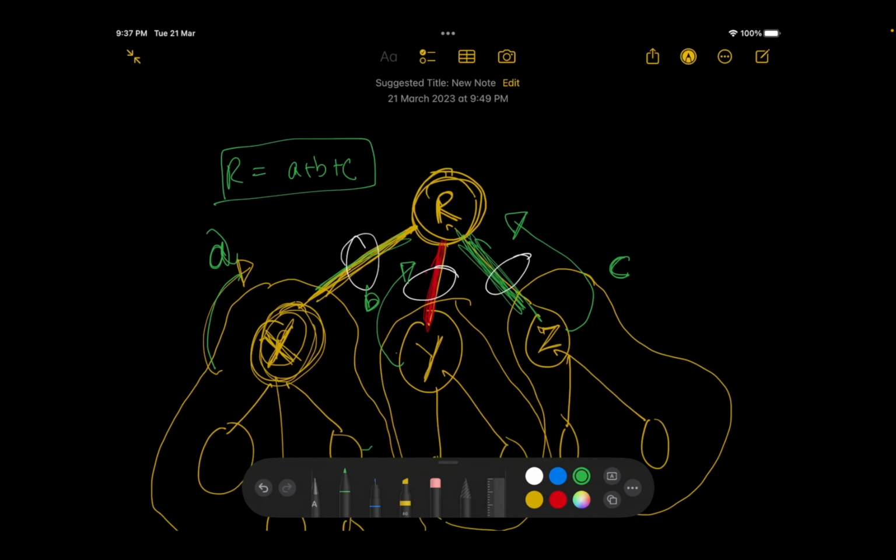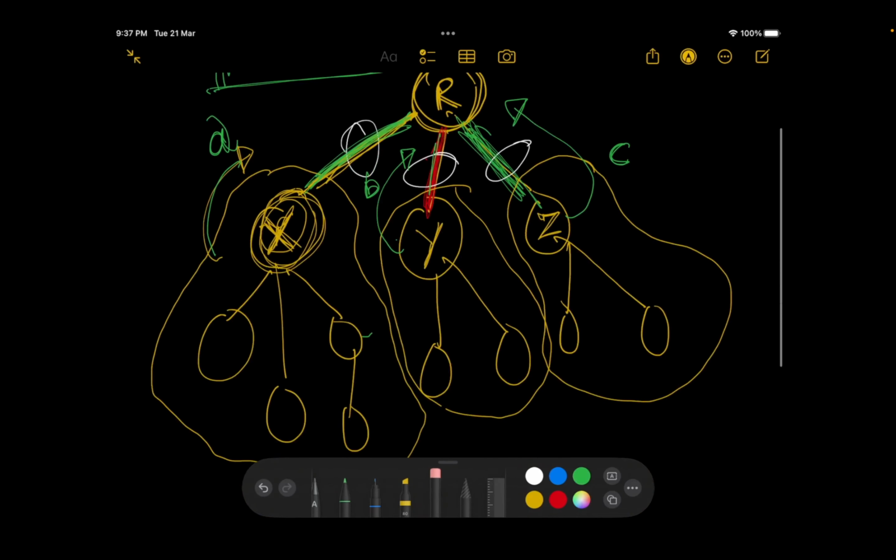But wait, I only considered this scenario when you are not taking any edge. So you are not taking these three edges, and then only this was your answer. What if you take one of the edges? Let's say I want to consider this particular edge.